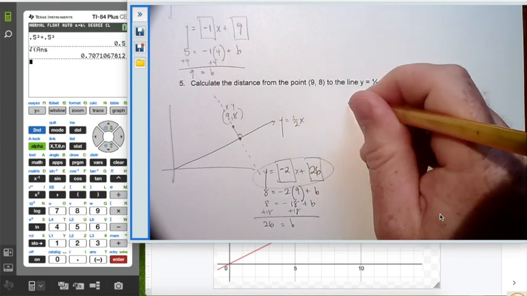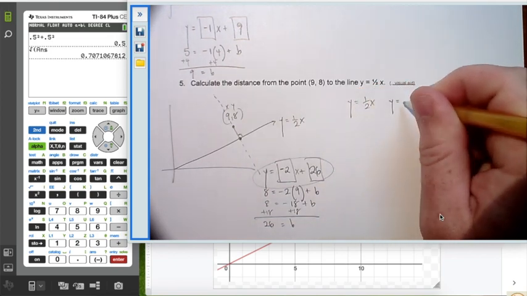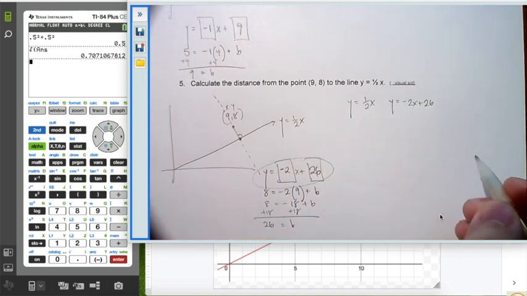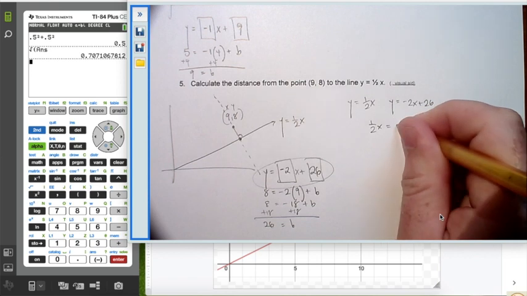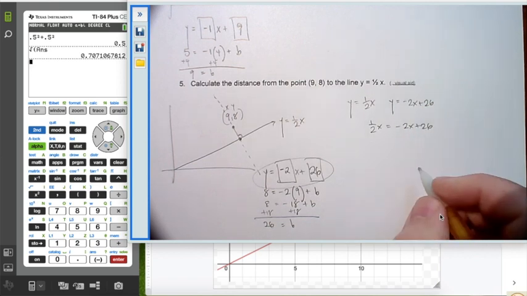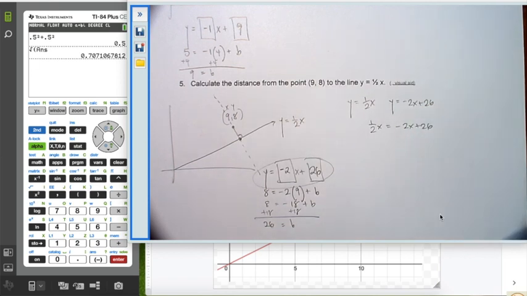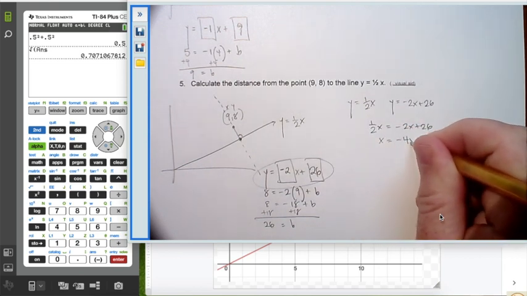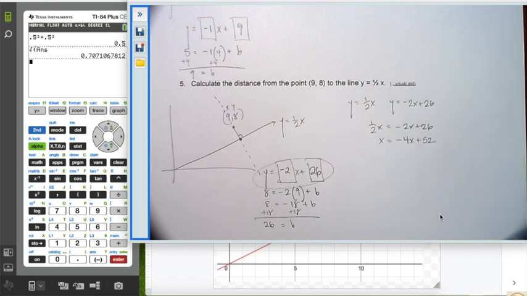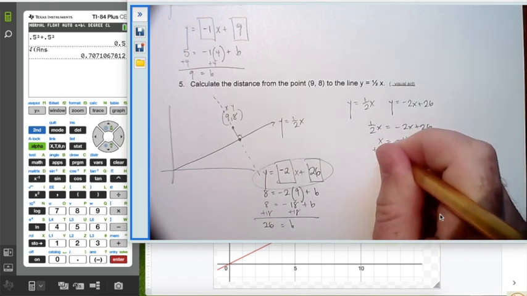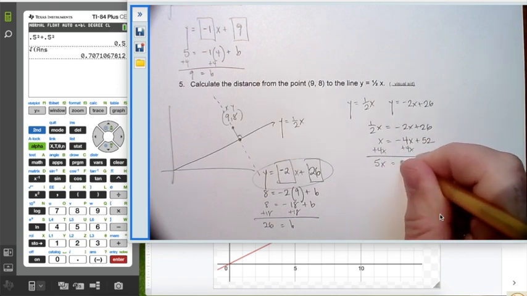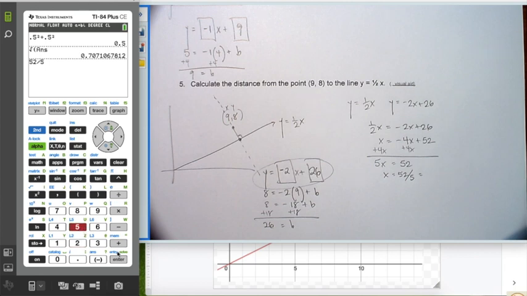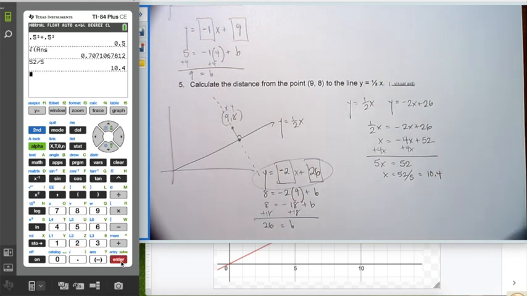All right, so let's find out where those two lines intersect. I'm going to take my y equals 1/2 x and my y equals negative 2x plus 26, set those y's equal to each other, and try and solve. How you solve that equation is up to you. I'm a fan of canceling fractions, so I'm just going to double everything to kill the fraction first, then solve it the normal way, plus 4x plus 4x. 5x would have to equal 52, so x would have to be 52 over 5, and it looks like it's 10.4.